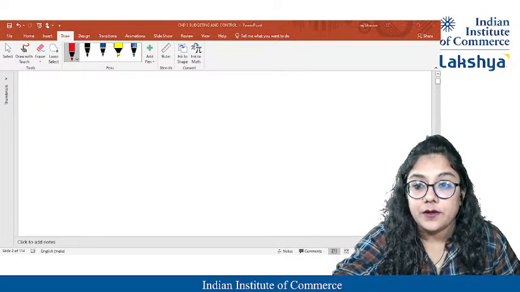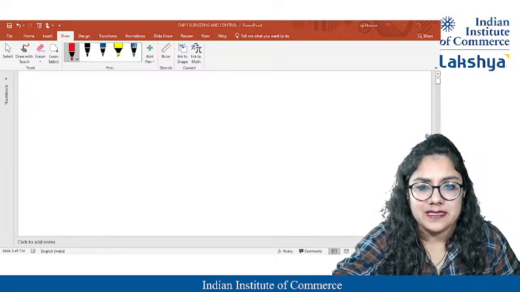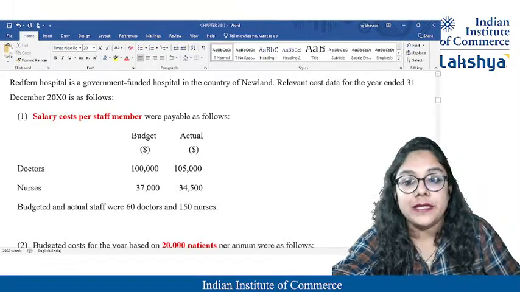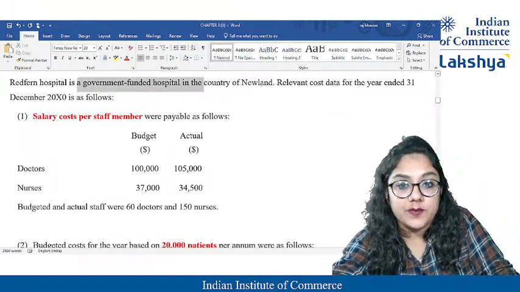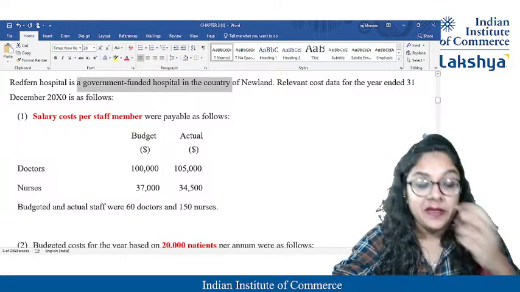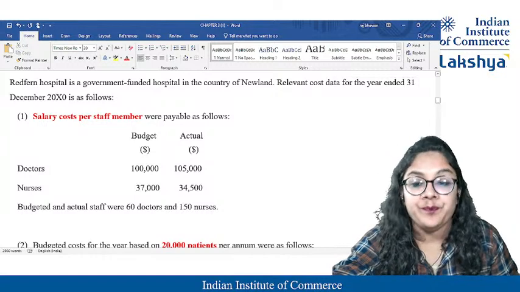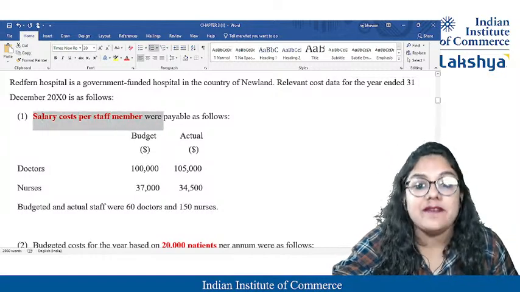There is a concept in your paper, or in your notes also. I've just opened it up. Maybe you can see it. There is a company, a government funded hospital. The relevant cost for the year ended 31st December is given. Staff cost was given, salary.